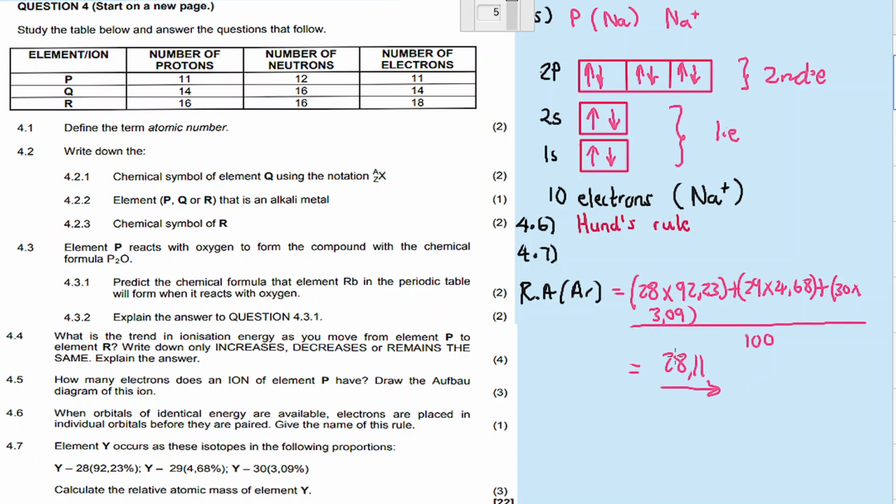Yes, this is our final answer. So this is our final answer. This is the relative atomic mass of element Y, and the final question for our question 4.